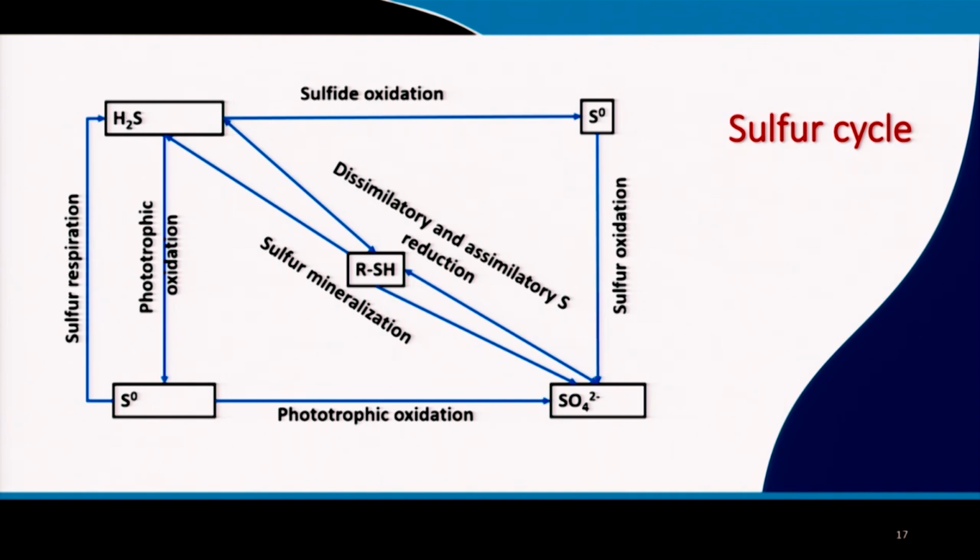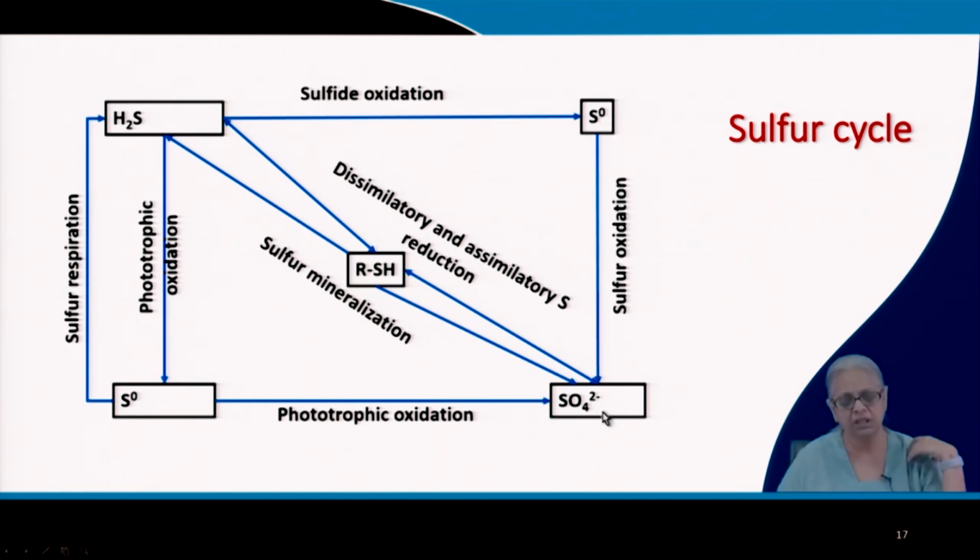Now this is a very simple schematic that shows you how sulfur changes its oxidation state through various processes. So let's start with hydrogen sulfide. It gets converted to elemental sulfur by sulfide oxidation and then to sulfate by sulfur oxidation.